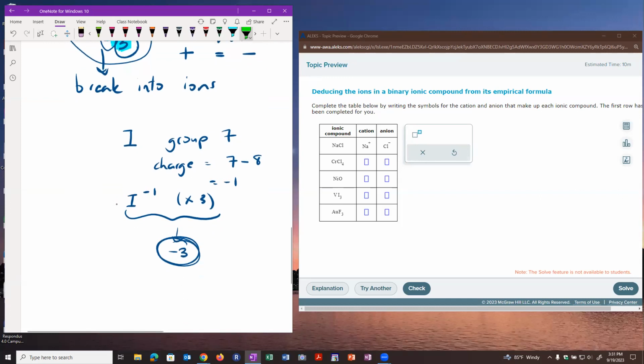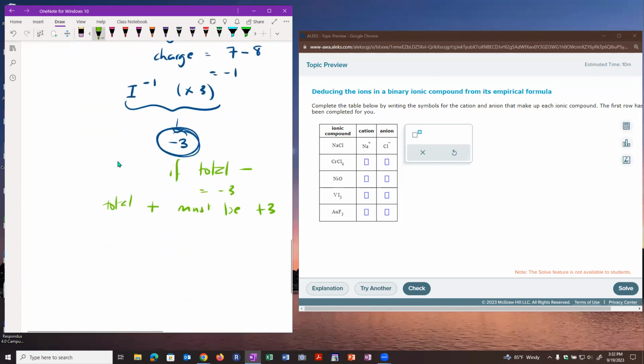So if the total negative charges is equal to -3, then in order to cancel out, the total positive charges have to be equal to +3. And we only have one V, one vanadium, so that means then that the charge on the vanadium must be +3, right? So we do a little bit of math on that one to figure it out.